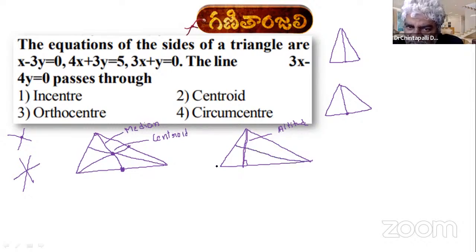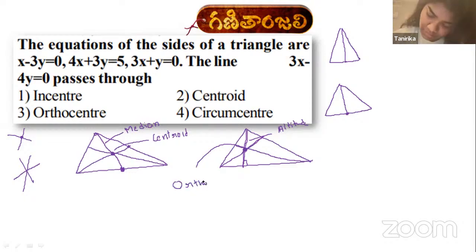This is the first altitude, this is the second altitude, this is the third altitude. That point of concurrence is called the orthocenter.